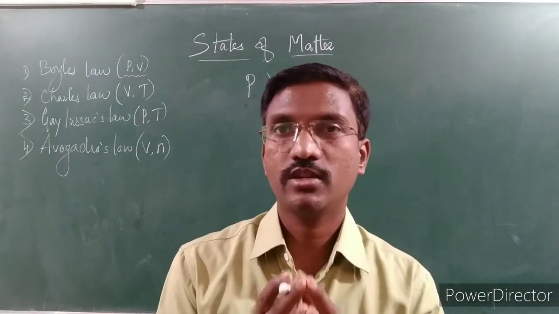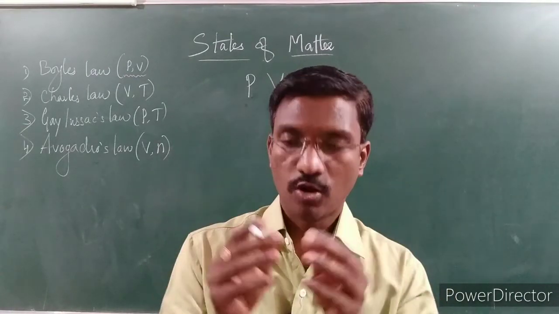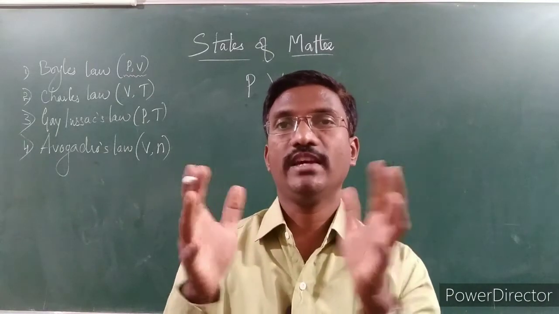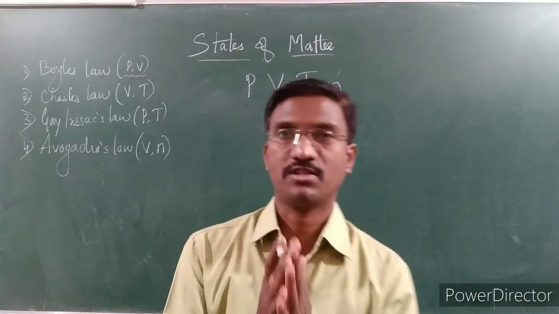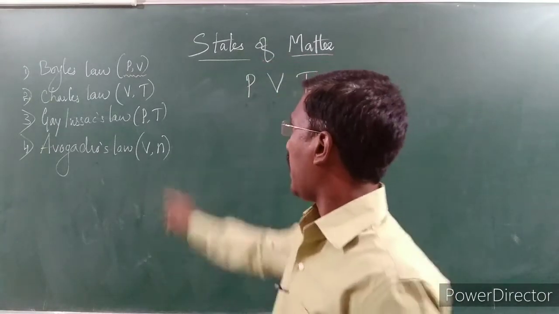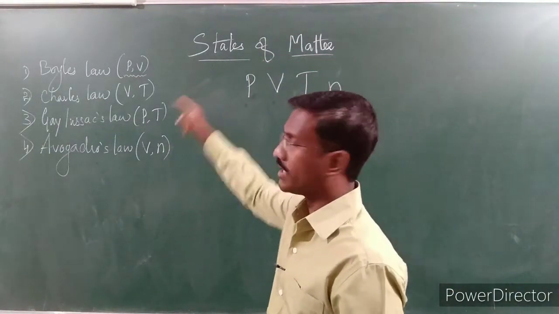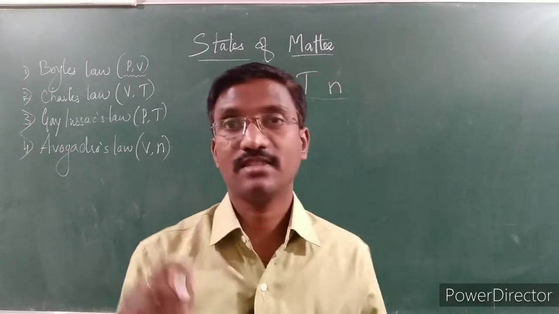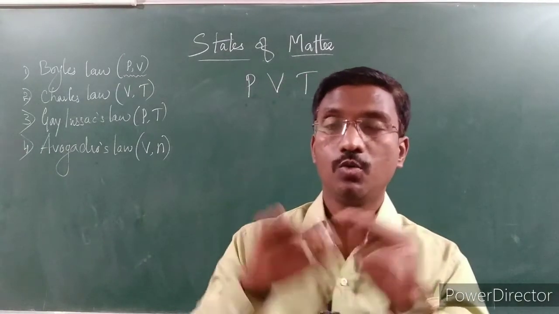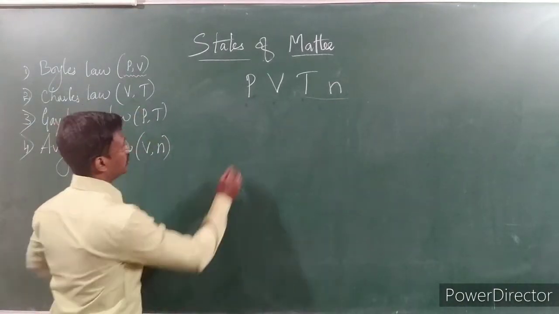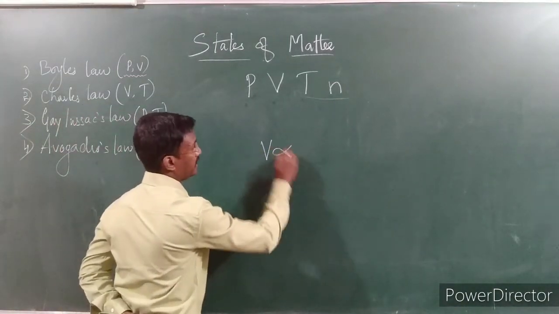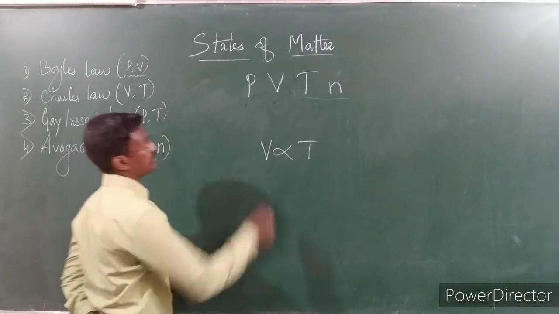For that reason it needs a greater volume, so the volume increases. If the volume extends too much, the balloon is going to blast, isn't it? For that reason, as the temperature increases, volume also increases. This is our basic knowledge, and we have to visualize it. So the relation is that volume is directly proportional to temperature.